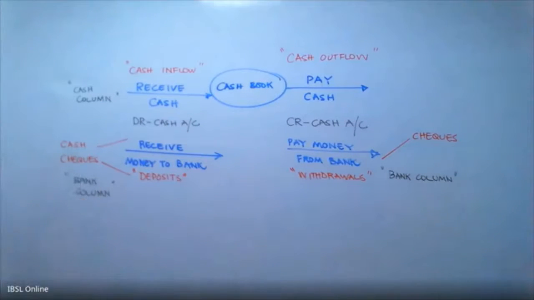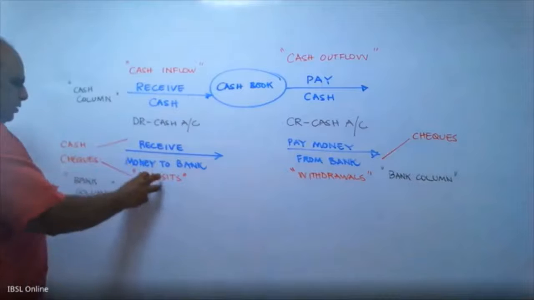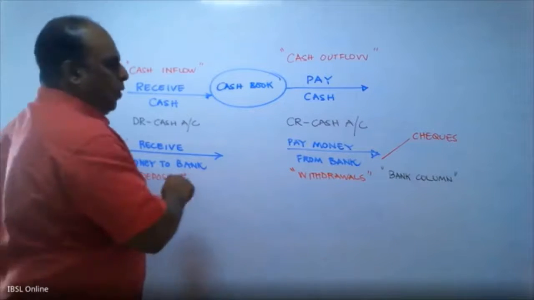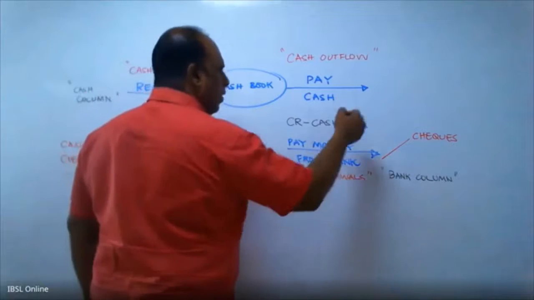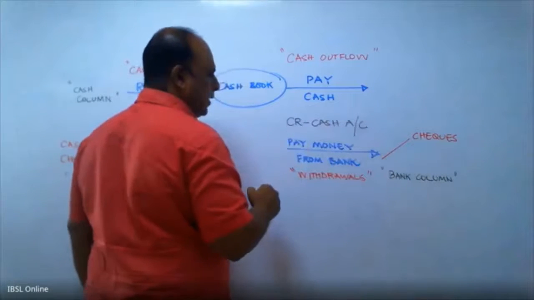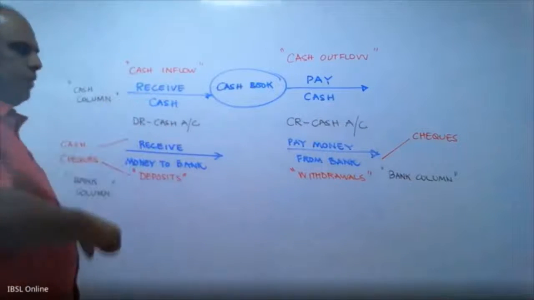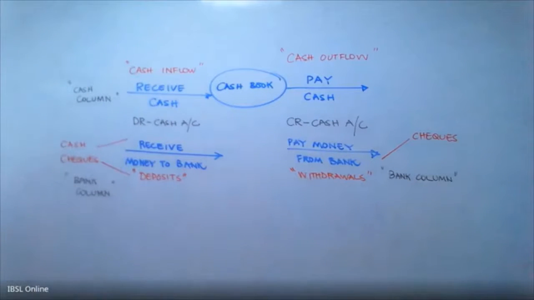So all deposits are recorded in the debit side of the bank column. All withdrawals or payments using checks are recorded in the credit side of the bank column. Okay, so that is what the two-column cash book is.